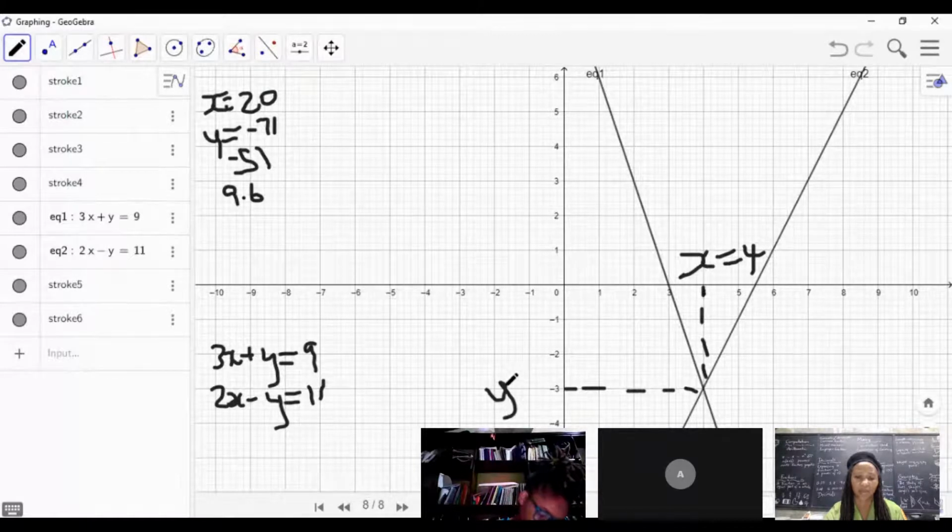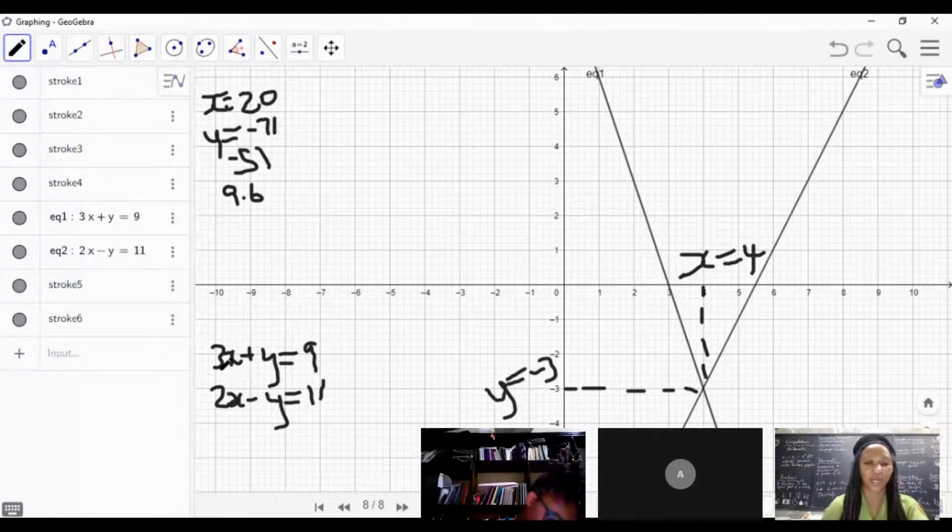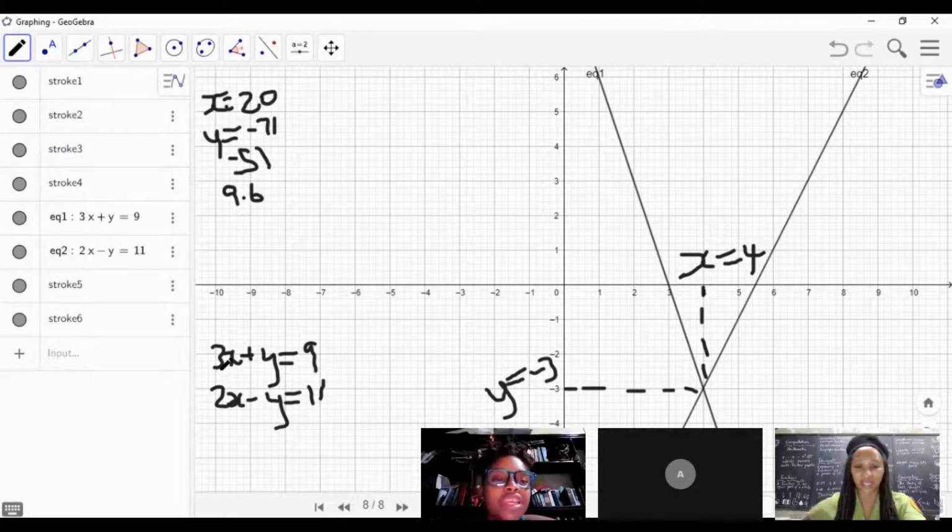How you guys came by your answers, I'm curious to know. Well, let's plug these in first and see if they make sense. If x is 4, 3 times 4 is 12, minus 3, that gives 9.